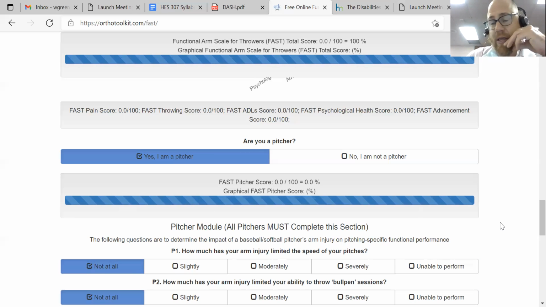What if you are called into a court of law, or you're questioned by a family member of the patient who says, you've done these things and this person has better range of motion, better strength, they're better, but what other objective tools do you have to gauge the patient's improvement?